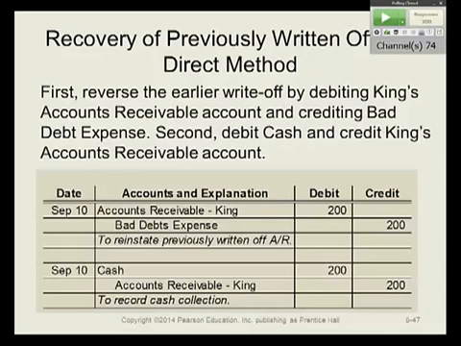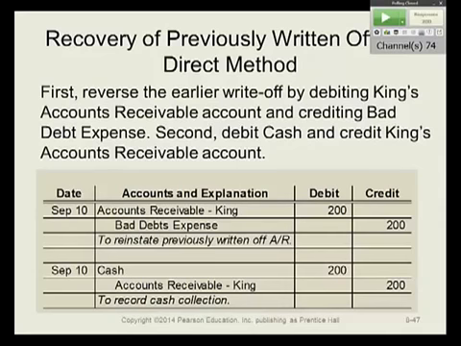Any questions on the direct write-off? There are some questions back there, but they're pretty much definitional. I'll ask you some other questions on the allowance method, which I think is more important. There are some questions in the back of this module, and one of them is really addressing if it matches cost with revenue, or why isn't it acceptable for GAAP. Just realize that this is not acceptable for GAAP because it is not matching the cost of doing business on credit with the revenues generated.